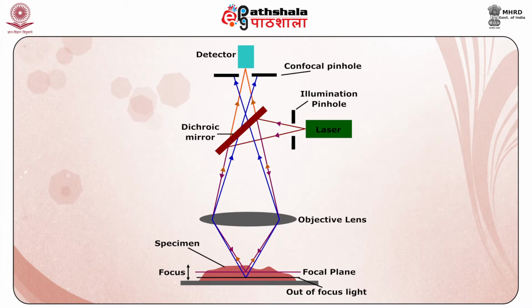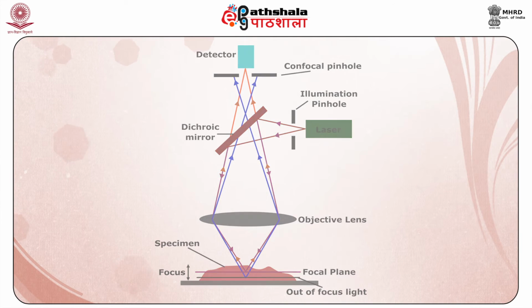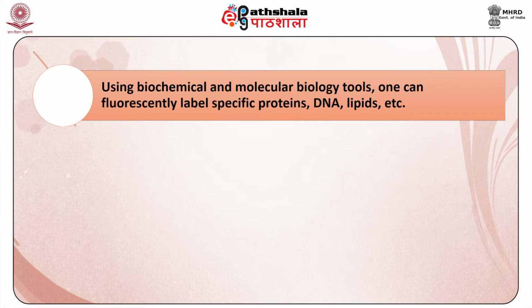FRAP, which is an abbreviation for fluorescence recovery after photobleaching, and FRET, fluorescence resonance energy transfer, are specialized applications explained shortly. Using biochemical and molecular biology tools, one can fluorescently label specific proteins, DNA, lipids, etc.